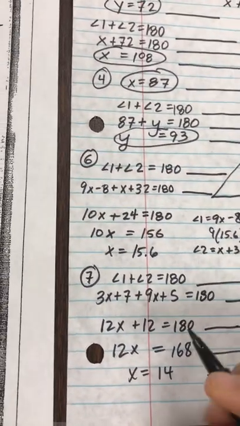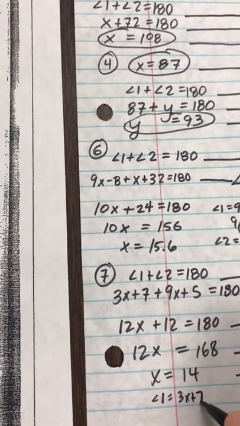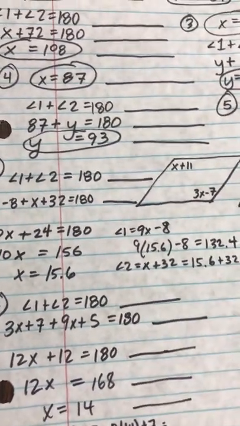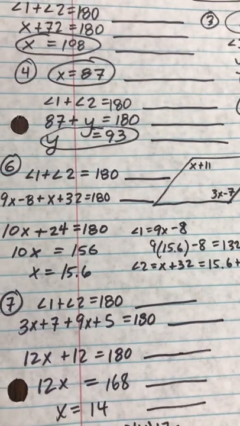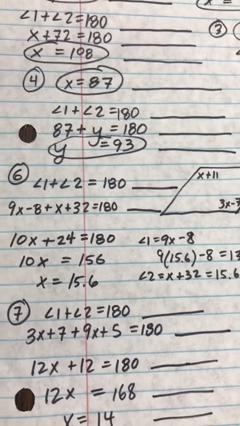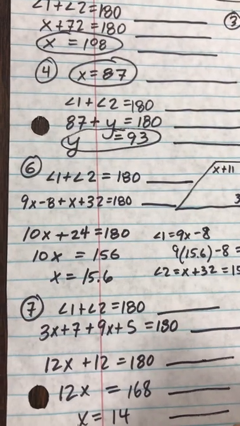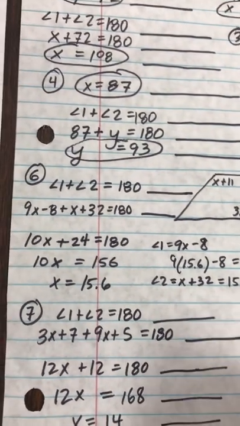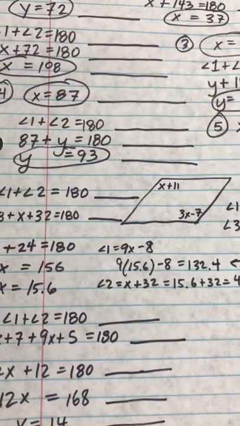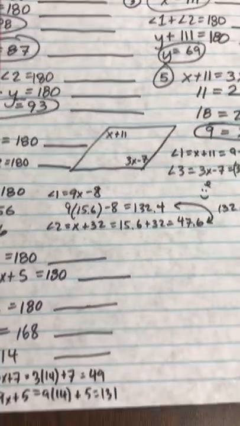If I double check this, angle 1, we got 3x plus 7. If we plug in a 14 there, and then a 9x plus 5, right?